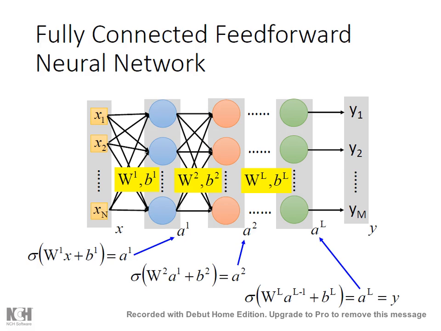Okay, all the above process we call a fully connected feed-forward neural network. That's the full name. So why do we call it fully connected? Because every node on each layer is fully connected to all the neurons in its next layer.